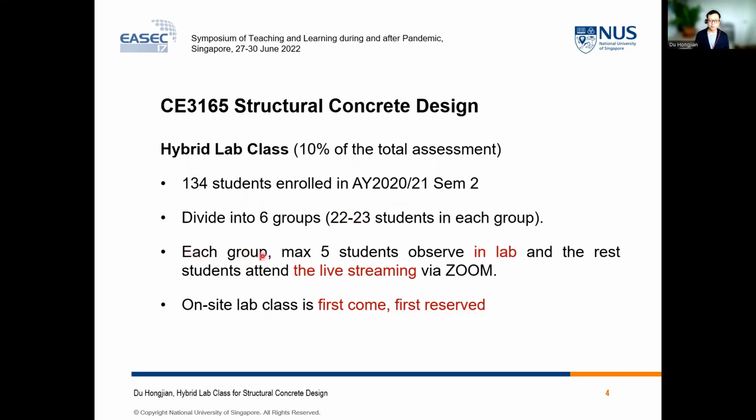For each group, a maximum of 5 students were allowed to go and observe in the lab physically, and the rest attended the live streaming via Zoom. Who could attend the on-site lab class was decided on a first come, first reserved principle.